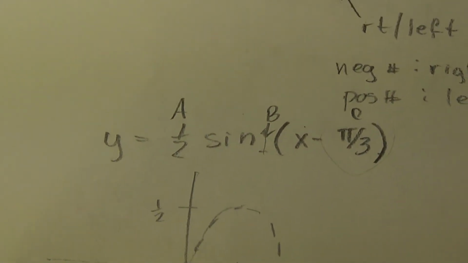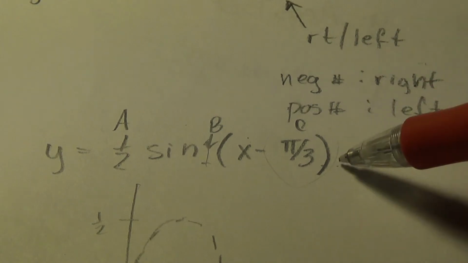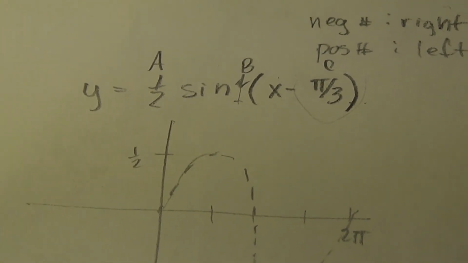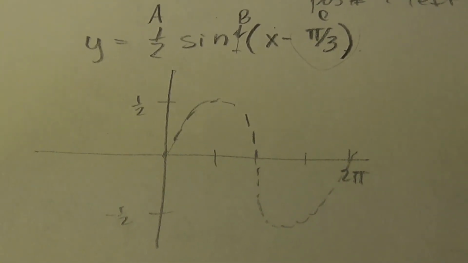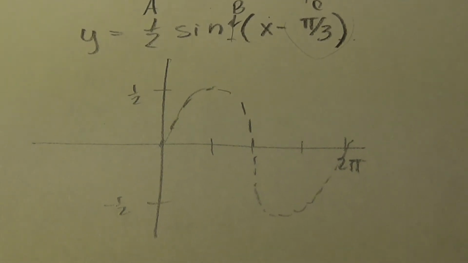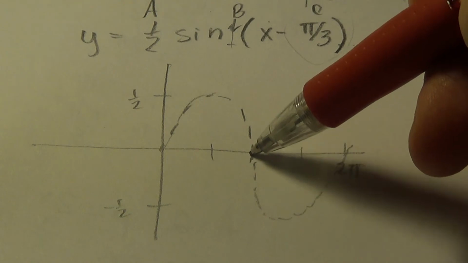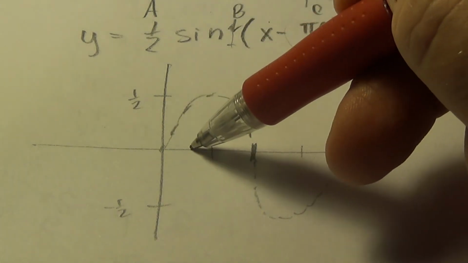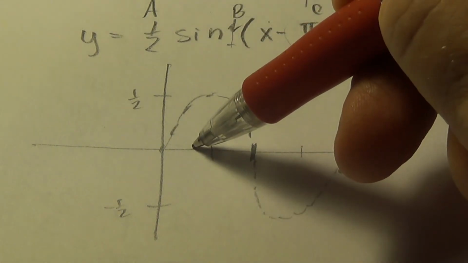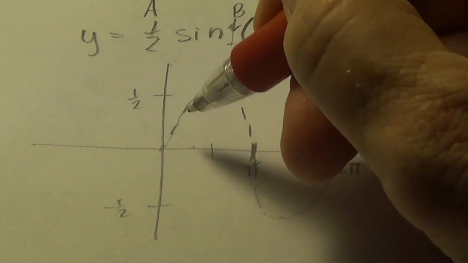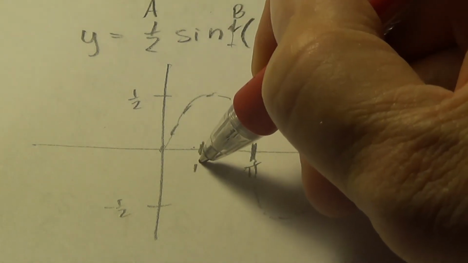Well, as I said, a negative number will shift it to the right by pi over 3. So I have to kind of estimate where pi over 3 is. If this is pi, I would say 1/3 of the way over to pi, pi over 3, is about right there.